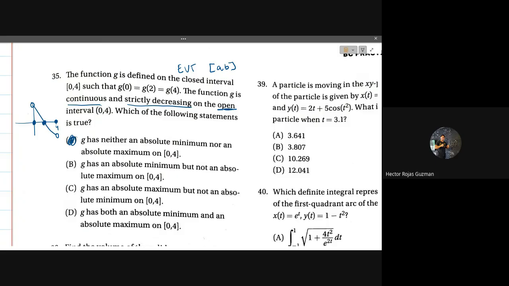So they could be true if one of the endpoints was included. Oh wait, it has to be a 4. If one of the endpoints was included, or 0 to 4. But just because one of the endpoints is included, it doesn't mean that it would still be true. Like it could be true, but there's no guarantees.